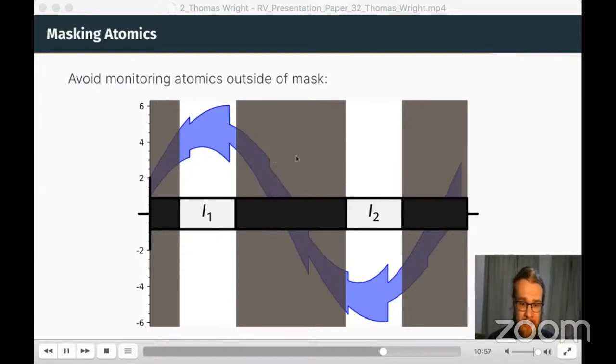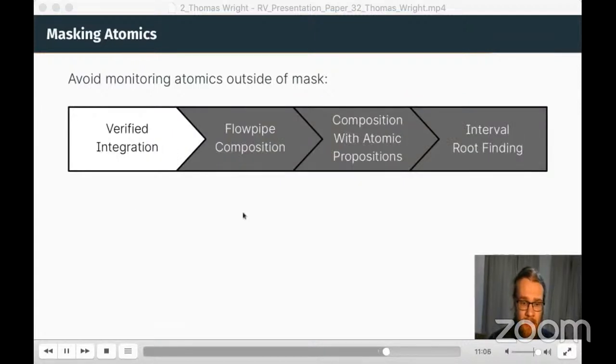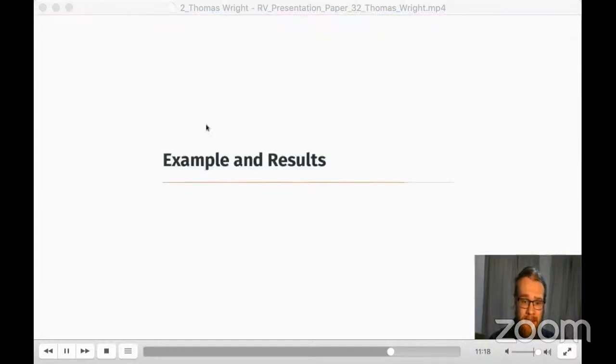In particular, this allows us to completely avoid symbolic operations for flowpipe segments outside of the mask. So overall, masks allow us to skip every step of the monitoring process apart from the actual verified integration outside of the region of the mask.